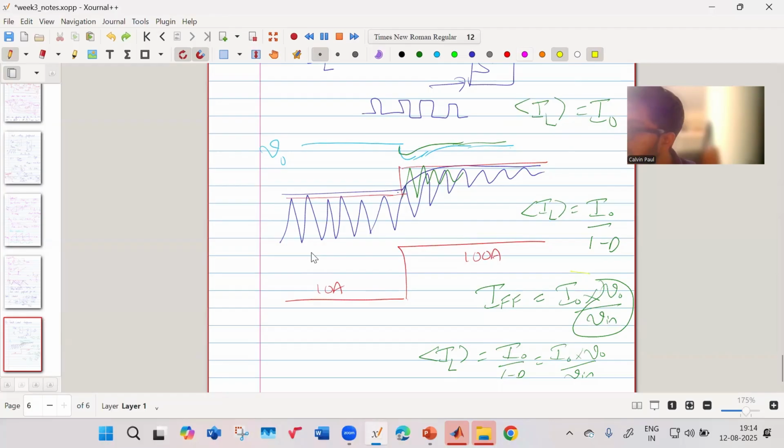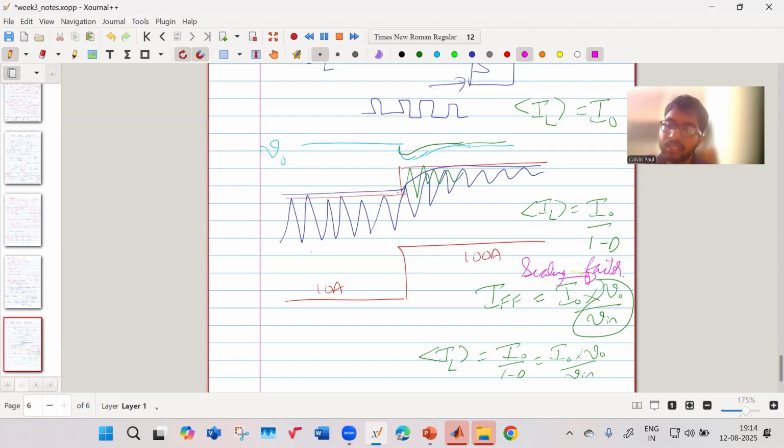This is your scaling factor, which is required. So that's why you just cannot directly apply load current. You just cannot directly add it. You have to scale it a bit.